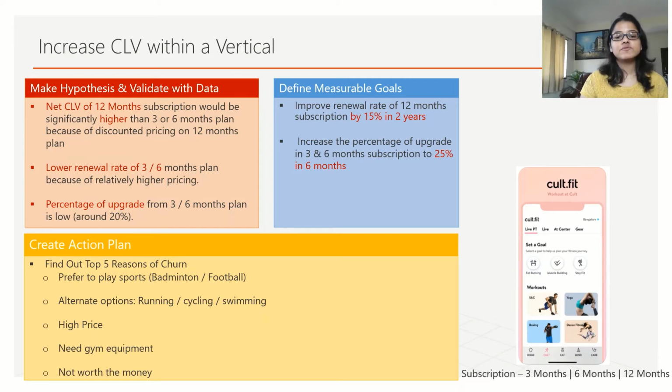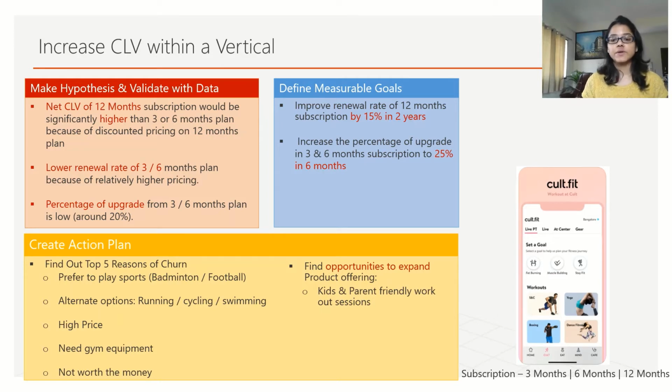So we need to find out the opportunities to expand product offerings while leveraging the existing business infrastructure, and it should also be aligned with the overall product offering of CureFit. So for example, what can be done is CultFit can have kids and parent friendly workout sessions so that the whole family can go together and attend the workout session together.